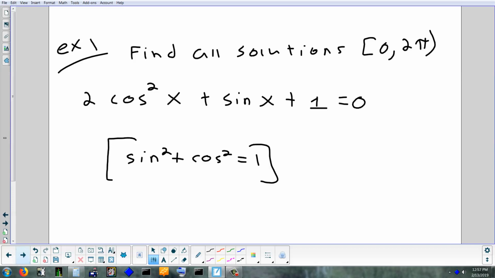All right, so let's look at this one. They want to know all solutions from 0 to 2 pi. So this looks like it could be a quadratic kind of problem. But what's wrong though? There's something here that's not good. You've got something squared, and then something, and a constant.